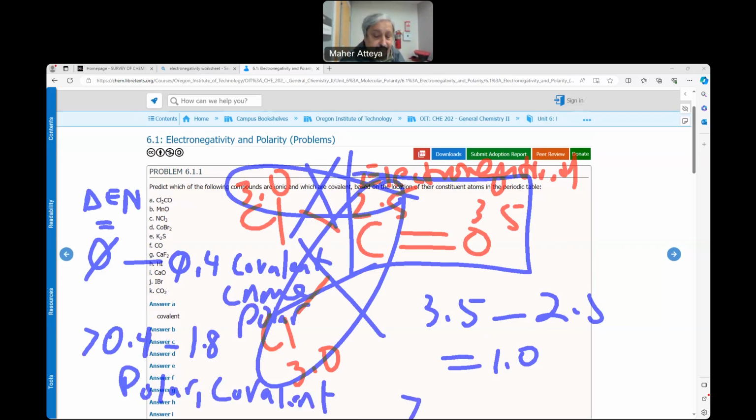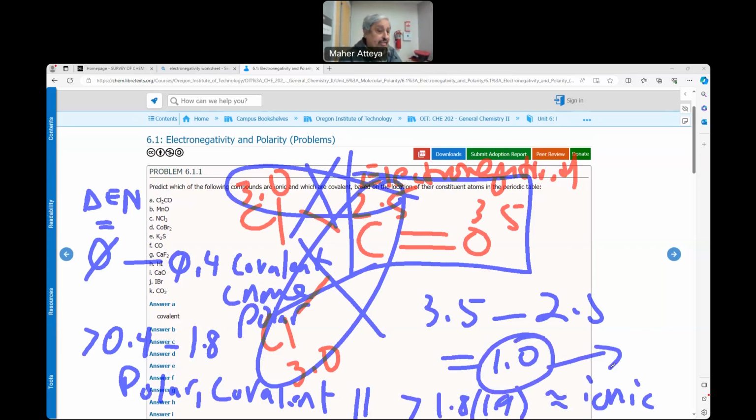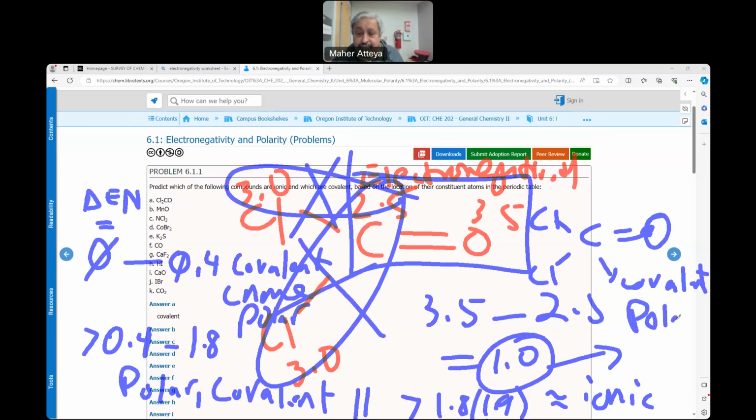Greater than 1.8 or 1.9, this is ionic, correct? So you can tell this compound here, the COCl2, is covalent and it is polar. So you have to know this table.